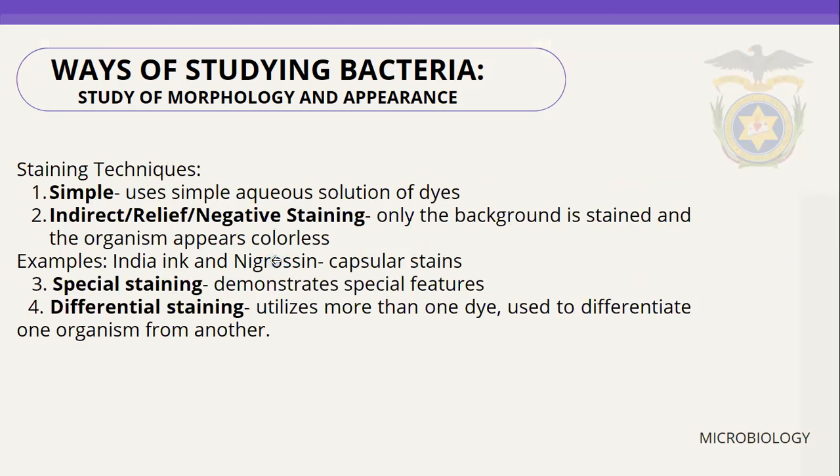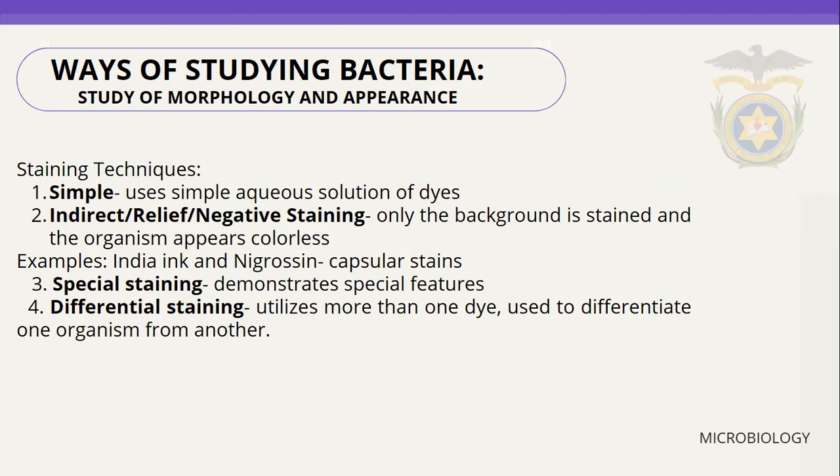So we have different staining techniques here. The first one is simple staining, which uses simple aqueous solutions of dyes. The next one is the indirect, relief, or negative staining, and in this kind of staining, only the background is stained and the organism appears colorless.